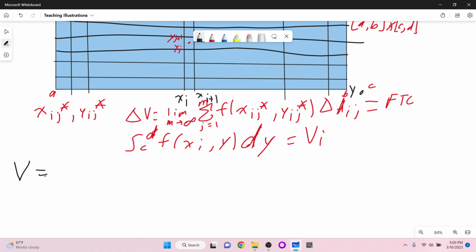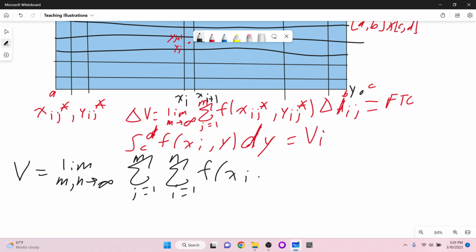The volume is the limit as m and n both go to infinity of the sum where j goes from 1 to m and i goes from 1 to n, of f of xij star, yij star, delta Aij.